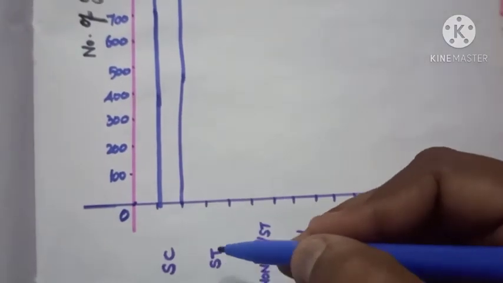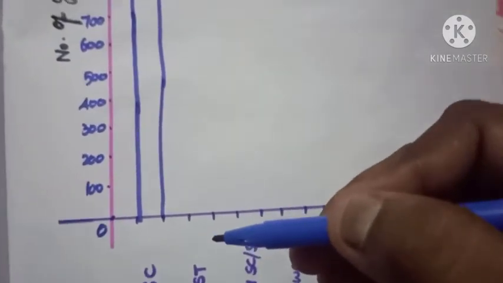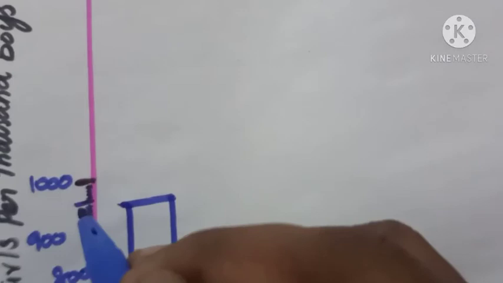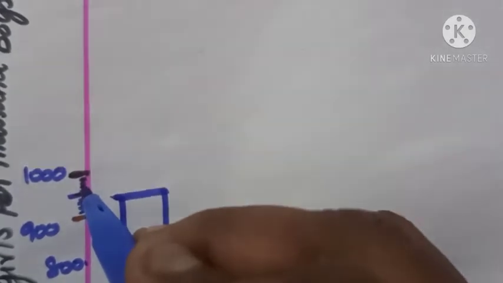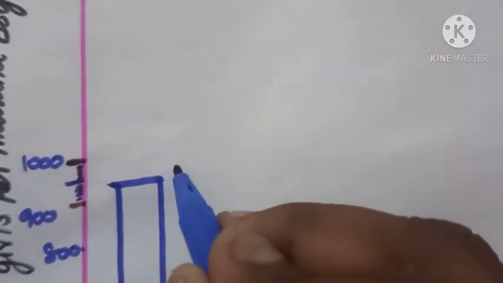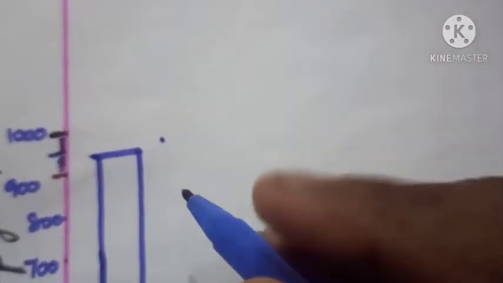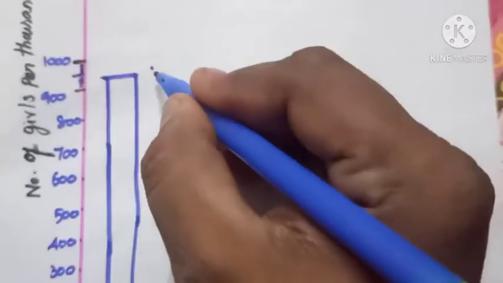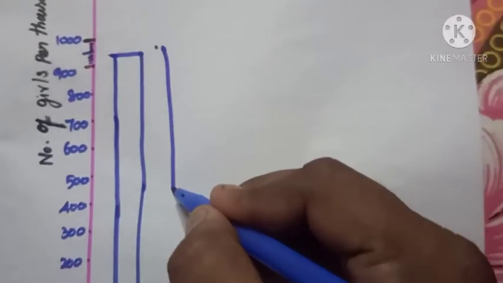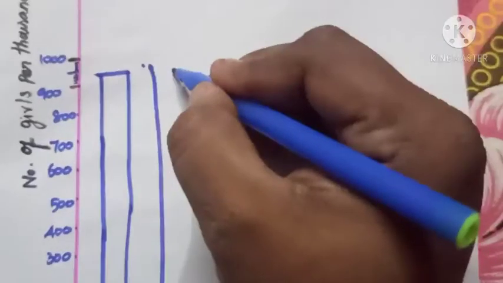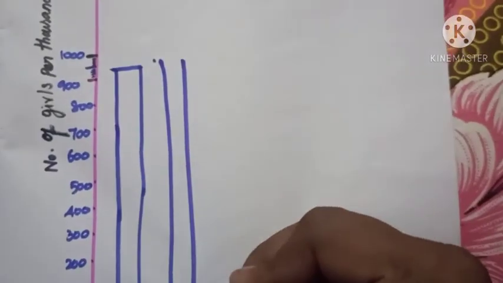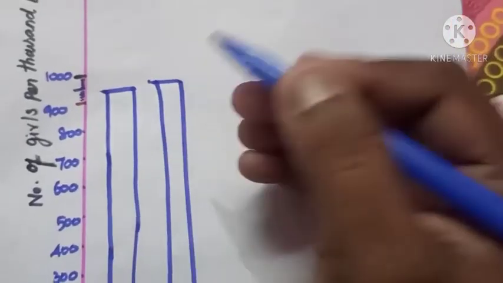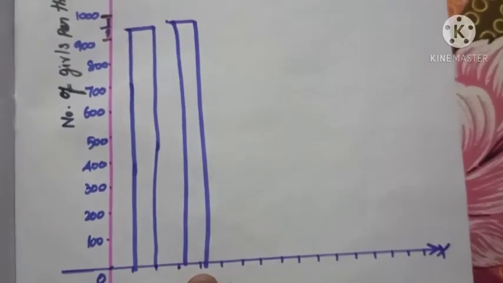Next one is scheduled tribe. Scheduled tribe is 970. So 950, this one 60, 70. So a little bit above that, I can draw it like this. I just draw the bar graph. By using a scale you can join it perfectly.